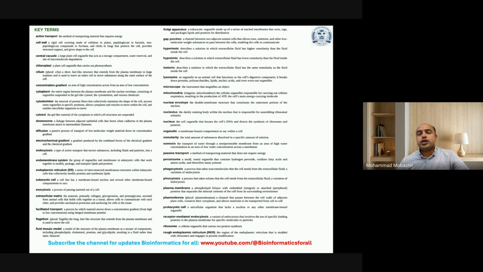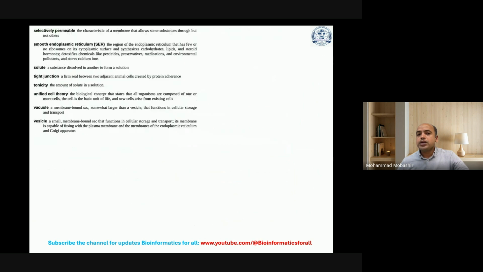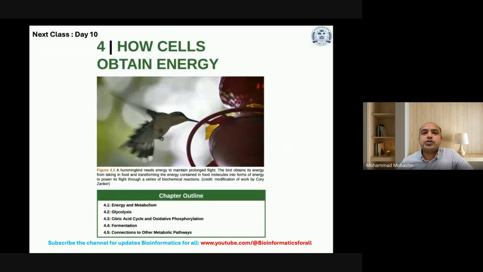That is, what is active and passive transport, cell wall, central vacuole, chloroplast, all these cell organelles, and some of the properties and phenomena. You need to know what is unified cell theory, tight junctions, adherens junctions, and then SER, which you remember already. Then what is selective permeability, vesicle, vacuole, all such keywords you need to remember.